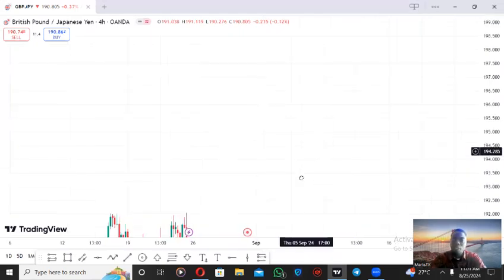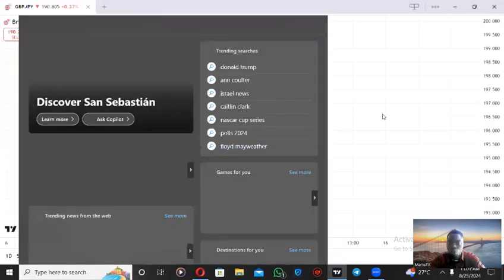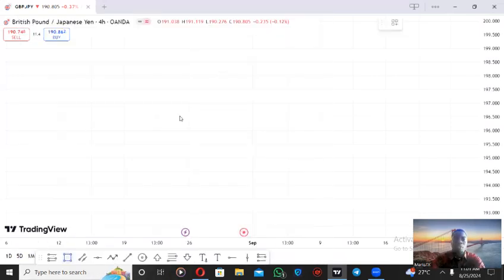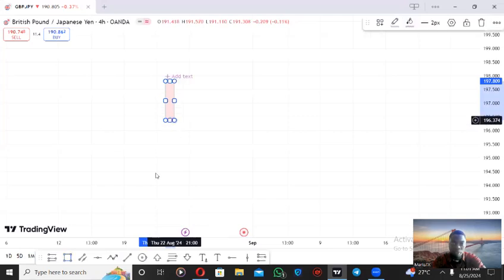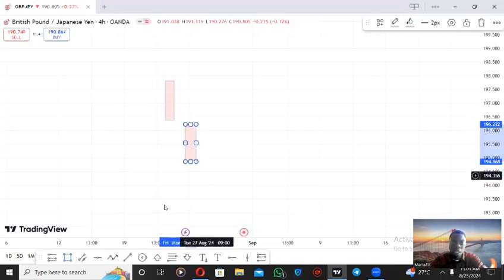All right. Now, how do you identify a sweep, a liquidity sweep? Let's assume that price is coming down like this, in a bearish market.